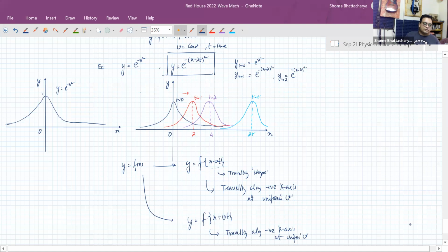Okay, so this is something that we'll use in the mathematical model, because you can just imagine this example only. Just imagine this is like a pulse, a single jerk that you have created on that string that we were talking about earlier at the point x equal to 0. So now the elasticity of the string will carry that jerk along the positive x-axis. So this is how it will look. At various instants of time, it will look like that peak is shifting.